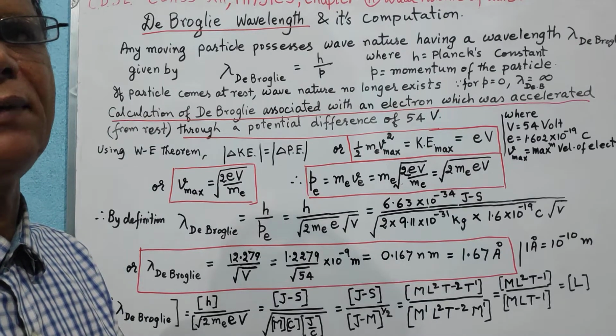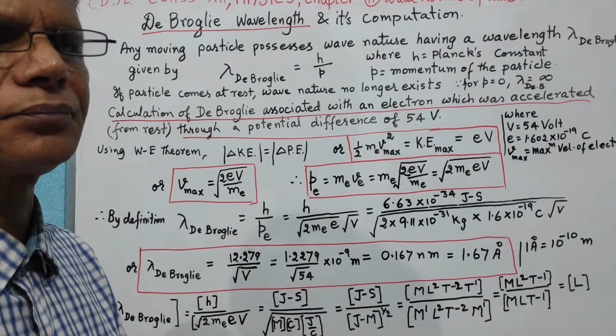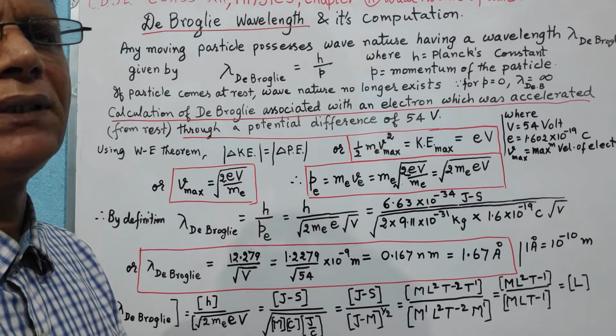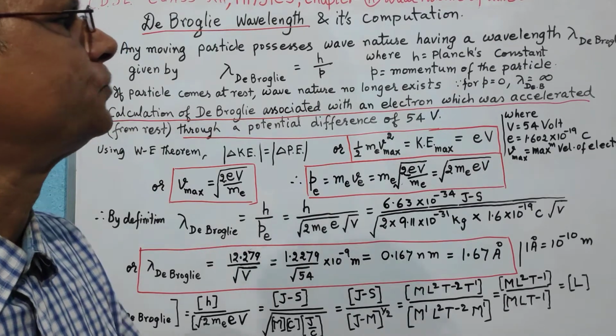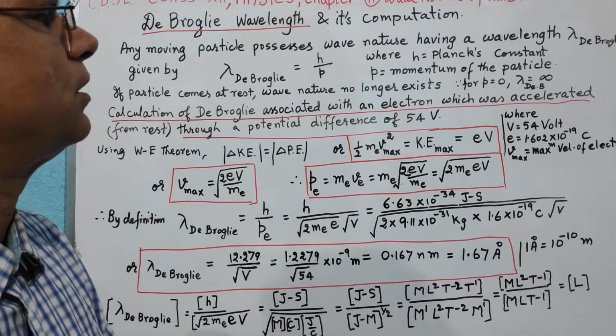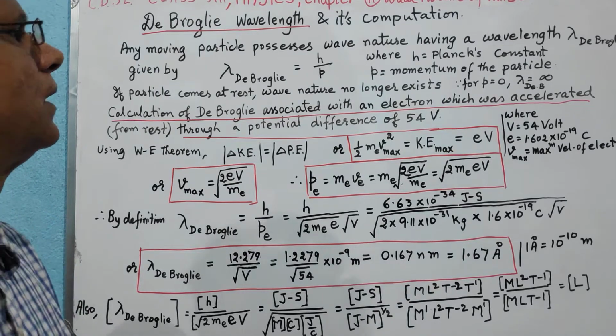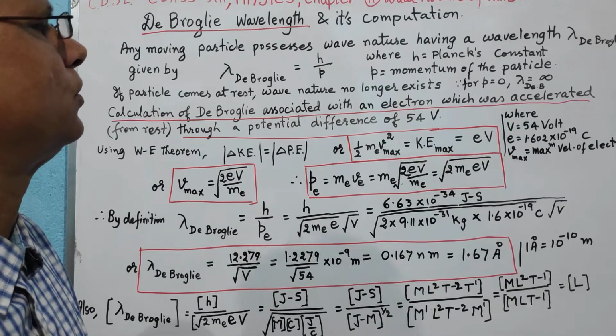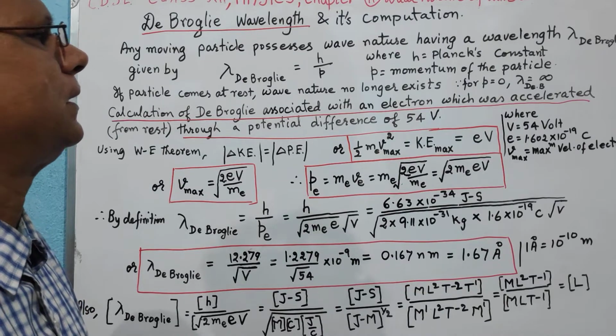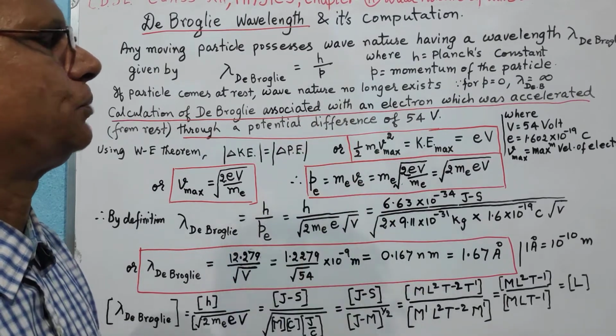That means it has no wavelength, because the wave is never going to complete. So that means the de Broglie wavelength only exists so long as the particle is moving with certain speed.